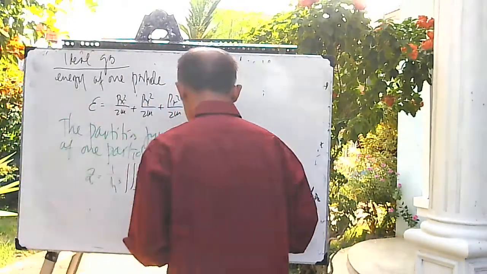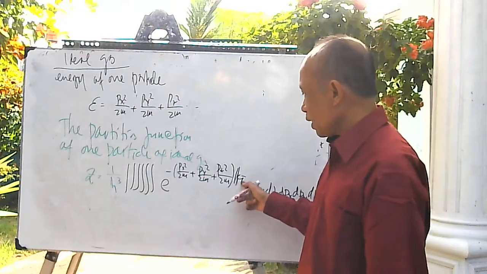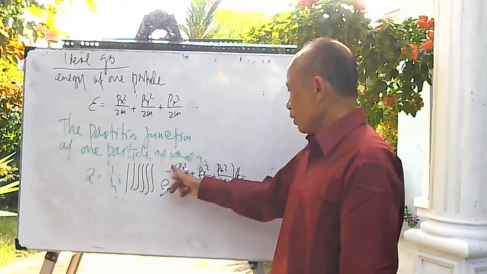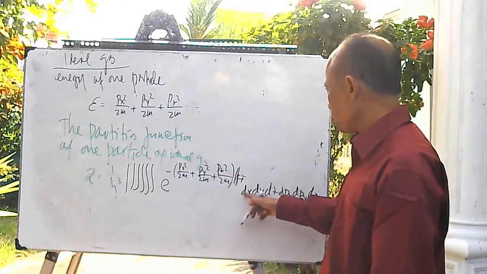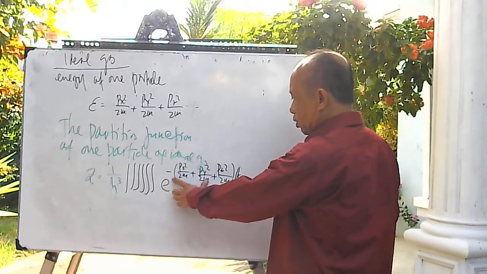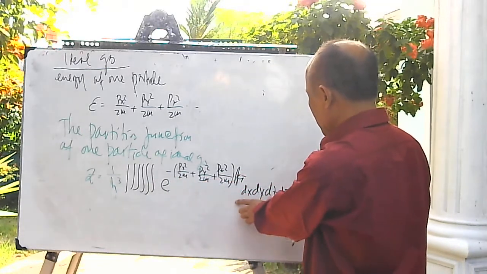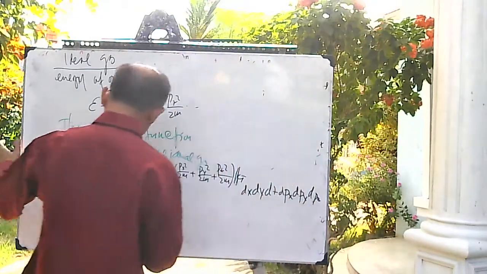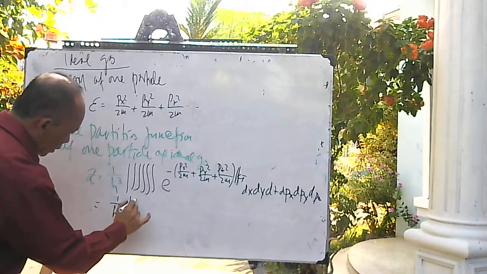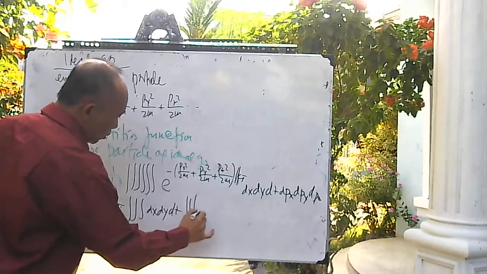Now look at this integral. We will integrate this expression. This expression contains only the momentum variables, px, py, pz. It does not contain the spatial variables dx, dy, dz. So because it only contains the momentum variables, we can separate the integration of spatial and of momentum.